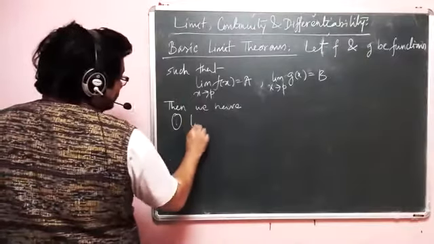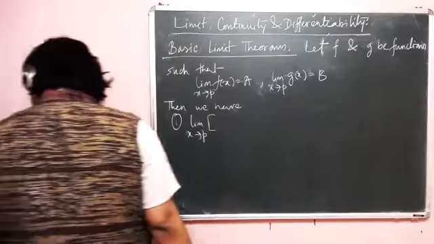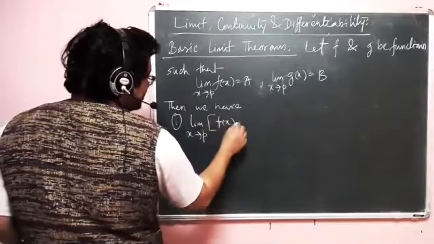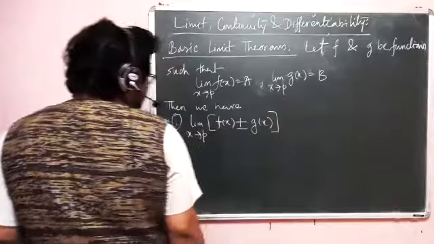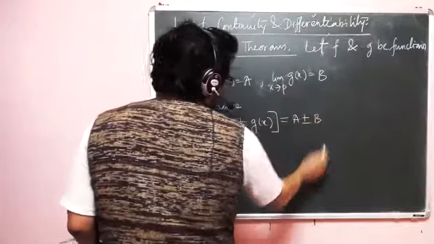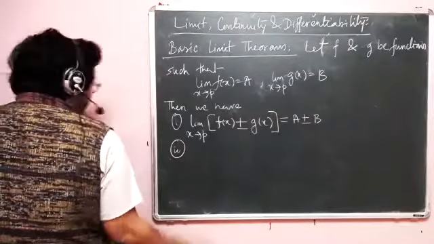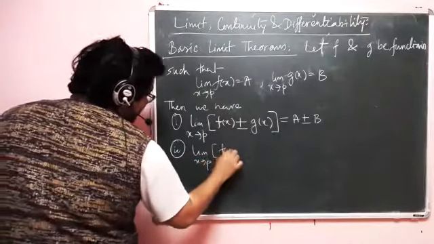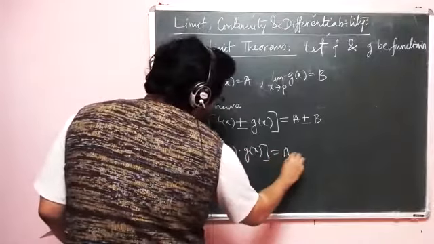So limit x tends to p. Now these are very, very simple. f of x plus minus g of x, I am combining two results basically into one, is equal to a plus minus b. So this is trivial. Number two is limit x tends to p f x into g x is equal to a into b.